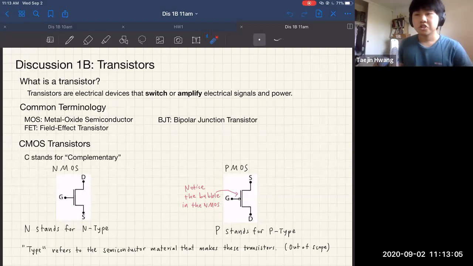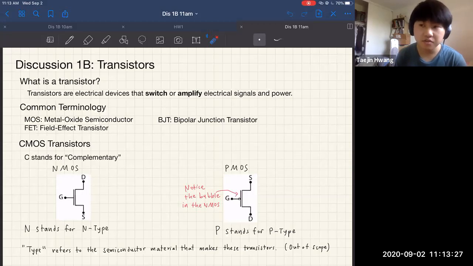And again, just some common terminology that you may have seen in lecture or may have just seen online before taking this class. We have this term called MOS, which stands for metal oxide semiconductor. And this is really just referring to the material that these transistors are made out of. And FET stands for field effect transistor.